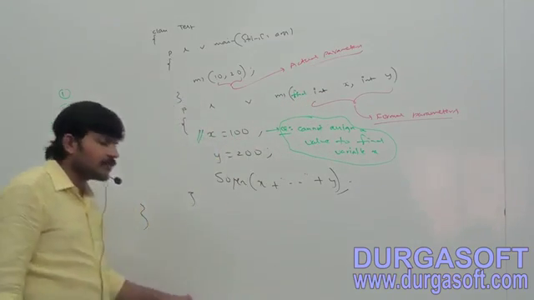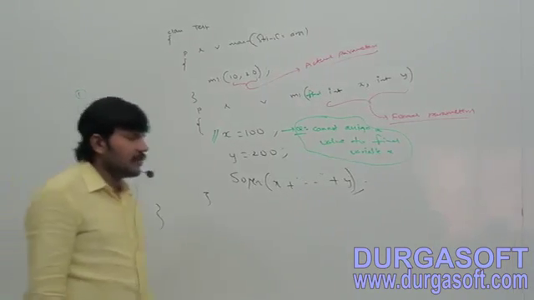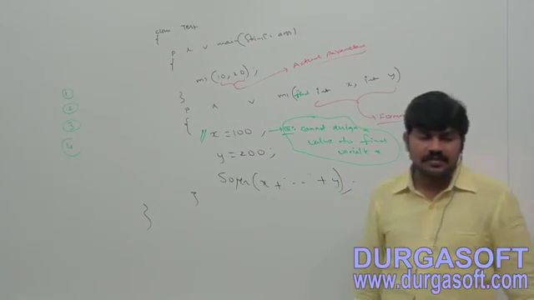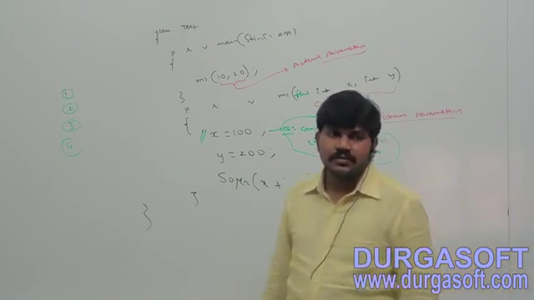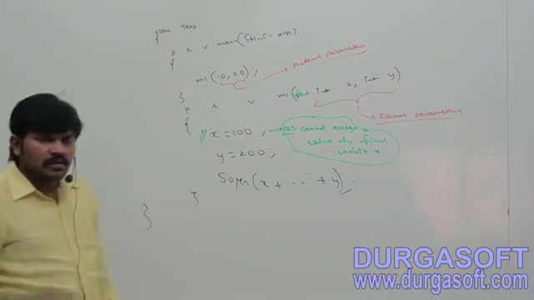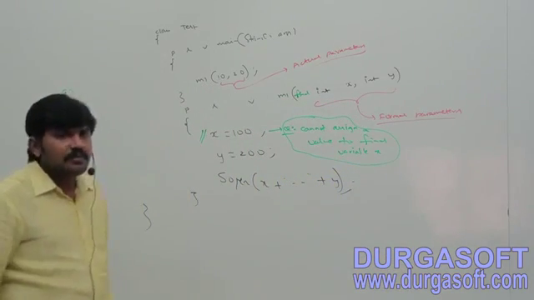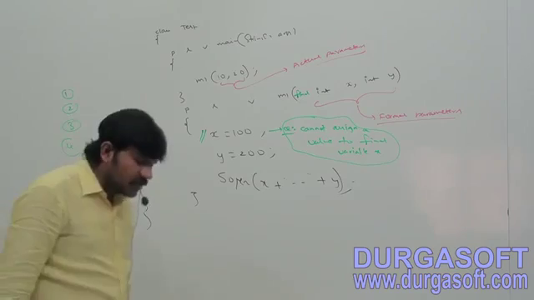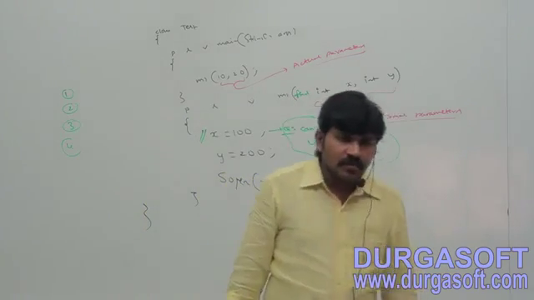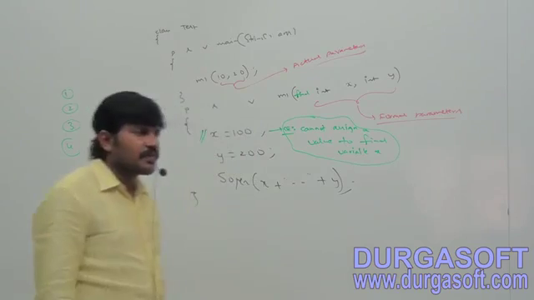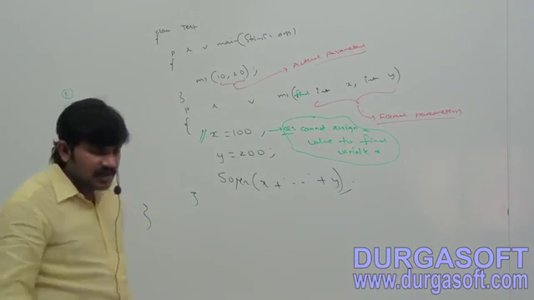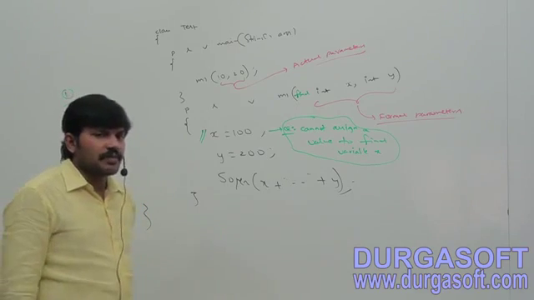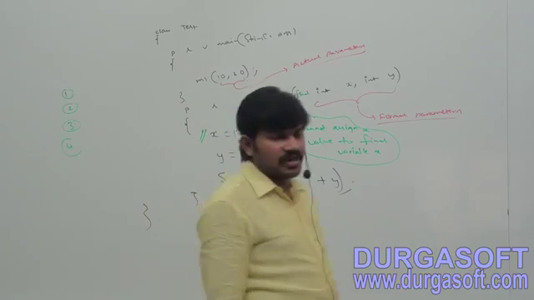At this point, keep this in your notes. Formal parameters of your method simply act as local variables of that method.